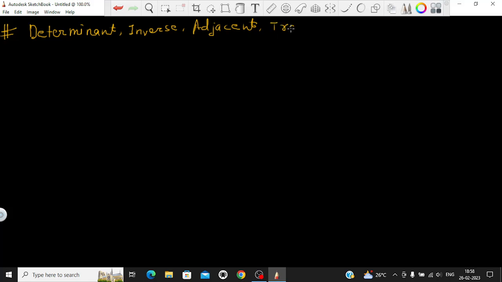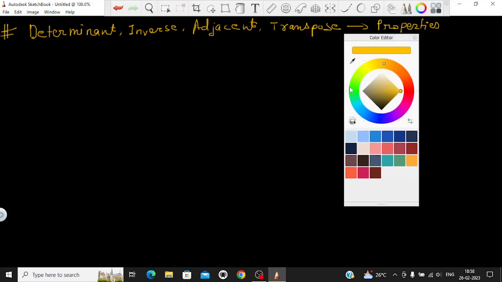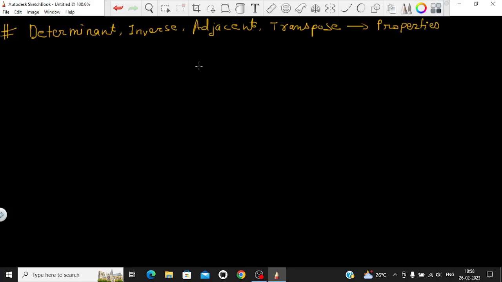These four topics, we will see their properties. Okay, so one by one we will see the properties.